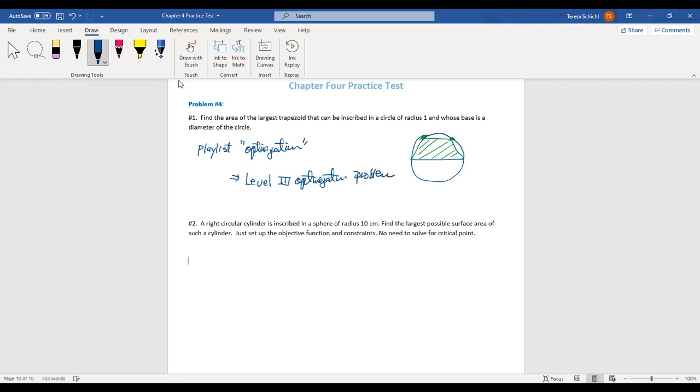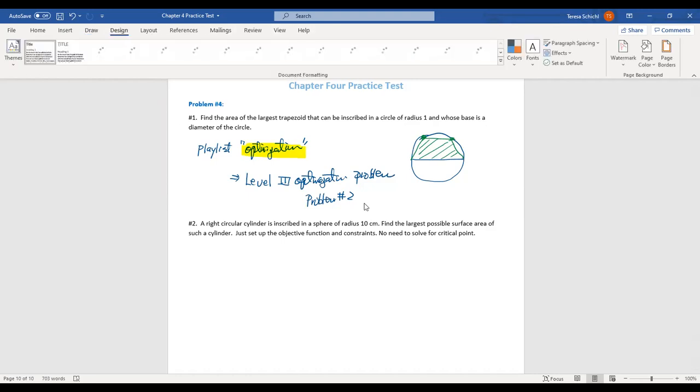Problem number 2 there is exactly the same problem, so you can go ahead and review that.